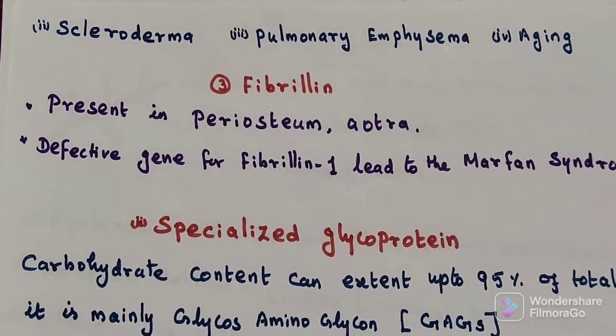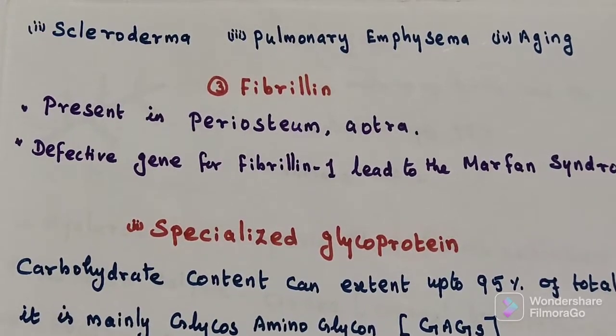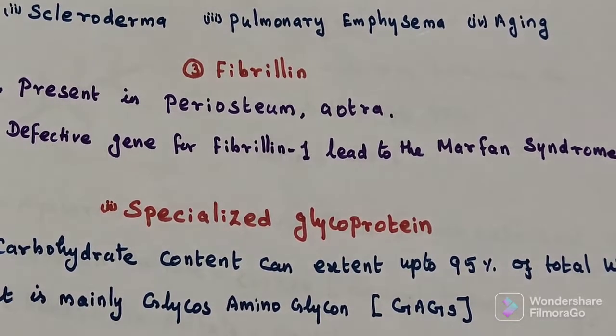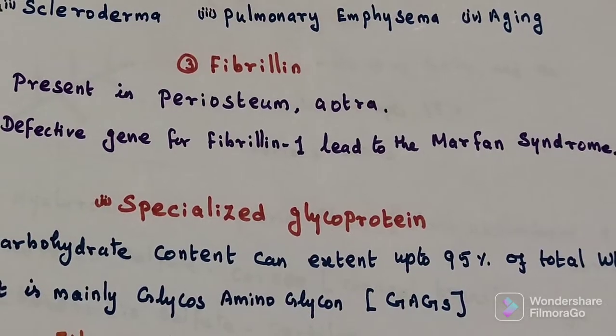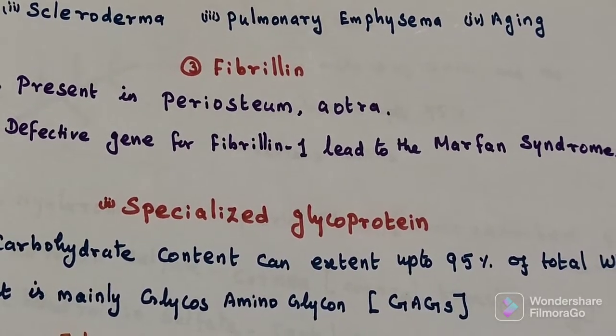The next one is the third structural protein, called fibrillin. It is present in the periosteum and aorta.